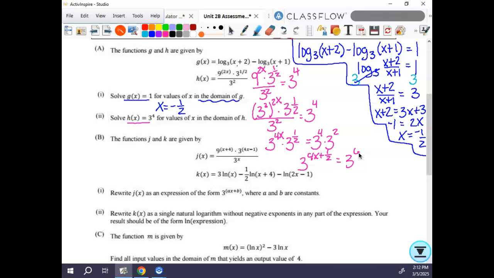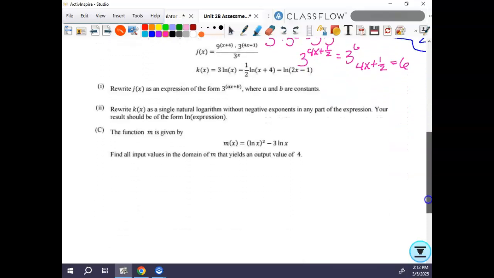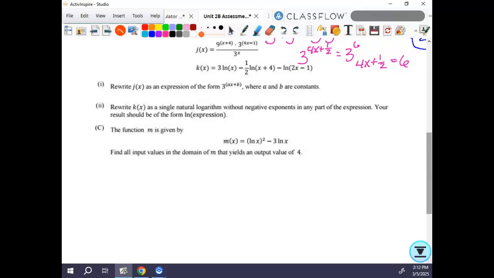So now I can basically just take the exponents. They have to be equal. So 4x plus 1/2 has to equal 6. Well, I need to subtract 1/2 from both sides. 6 can become 12 over 2. So 12 over 2 minus 1 over 2 will give me 4x equals 11 over 2. Then I have to divide by 4.